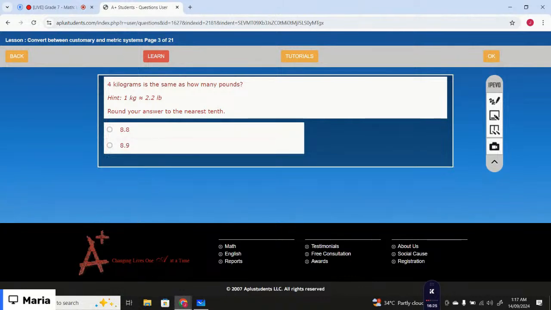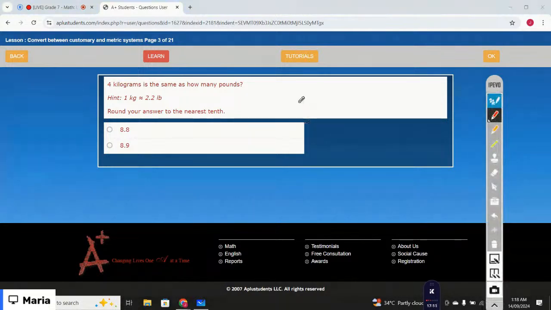4 kilograms is the same as how many pounds? So which is the correct option? You have 1 kg equals 2.2 pounds, right?